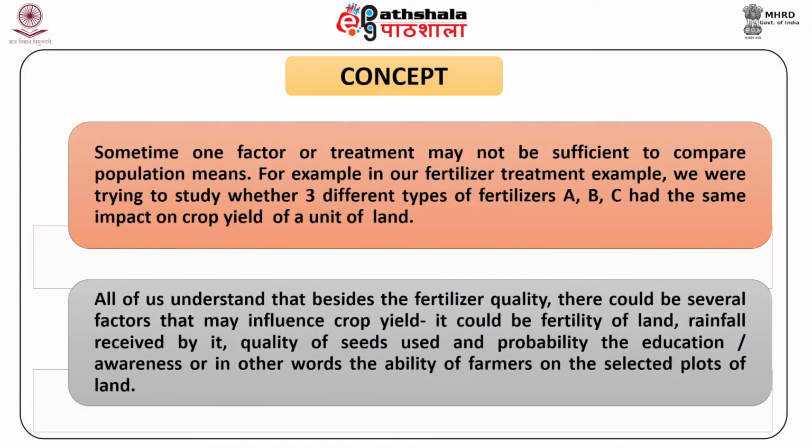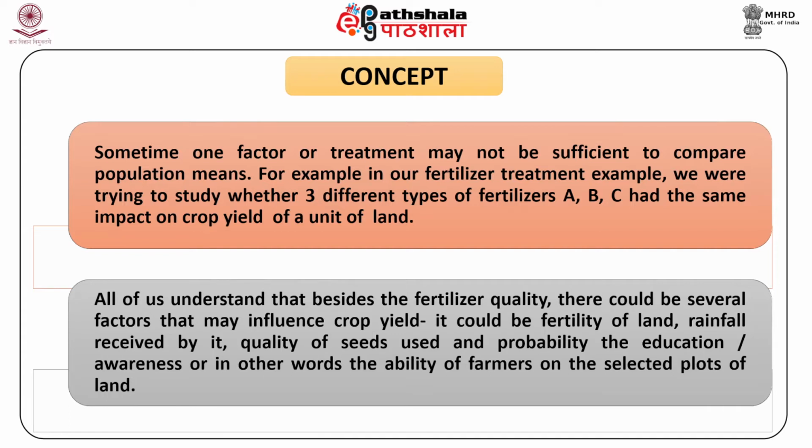Sometimes one factor or treatment may not be sufficient to compare population means. For example, in our fertilizer treatment, we were trying to study whether three different types of fertilizers, A, B, and C, had the same impact on crop yield of a unit of land.